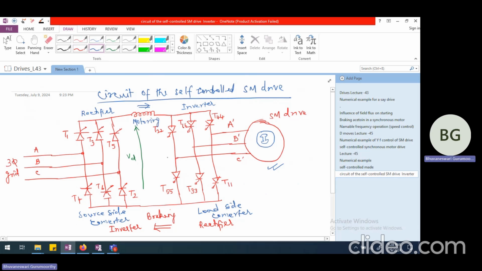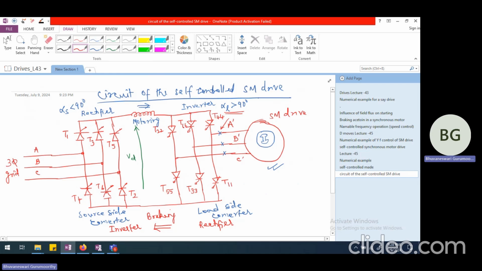So when motoring is happening, the source side converter will have a firing angle which is less than 90 degrees, and the inverter which is connected on the load side, if I may call the firing angle as alpha L, that will be greater than 90 degrees. And because we have the terminal voltages of the synchronous motor available here, the firing angle will be calculated with respect to these terminal voltages of the synchronous motor.